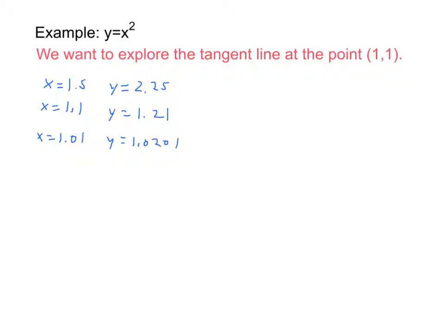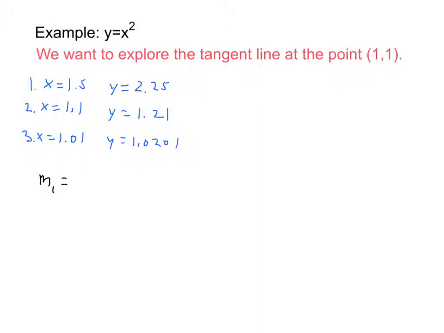So I can go and approximate lines. In this case, this will be my first one. Here's number 2, and here's number 3. So for number 1, when x is 1.5, y is 2.25, the slope we'll use is going to be m1. We can just take the slope between the point 1.5, 2.25 and 1, 1.